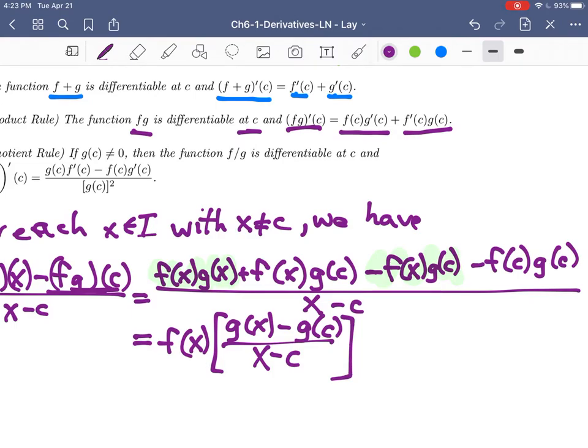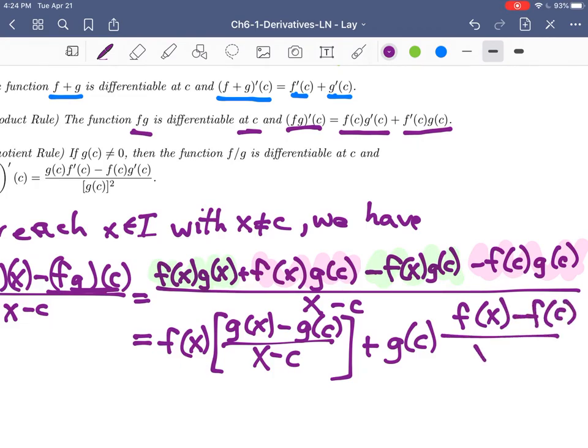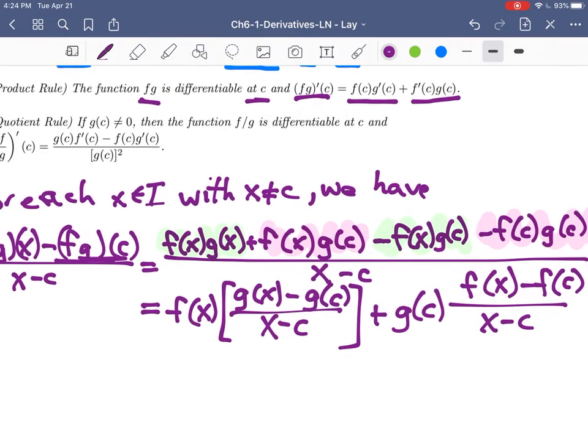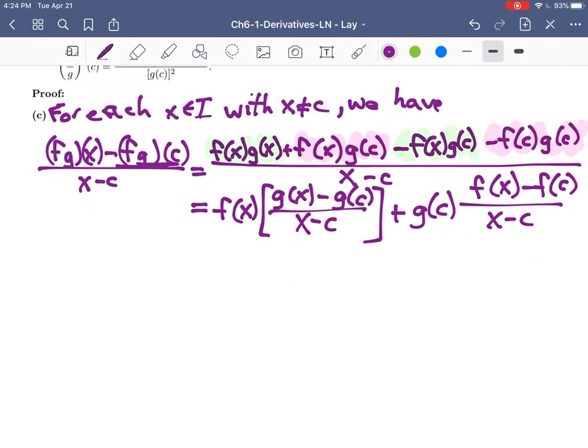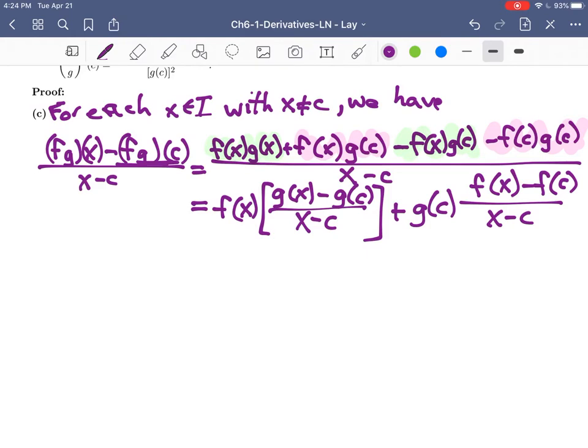And we can also group together the f of x g of c minus f of c g of c, and factor out the g of c. So we factored out the f of x and the g of c.